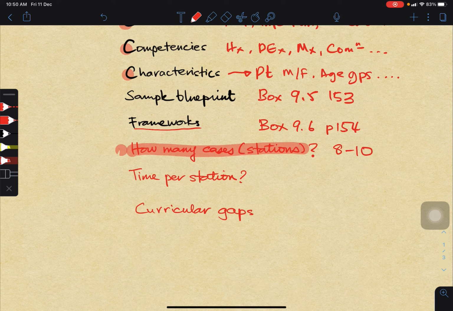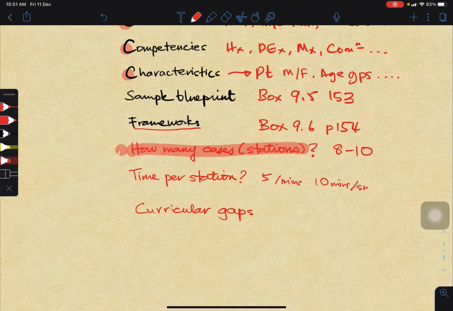Maybe a very simple or very localized station, focusing on, let's say, examination of the knee, can take about 5 minutes. But if it is much more holistic, history taking, generating a management plan and things like that, you can go up to 10 minutes per station.